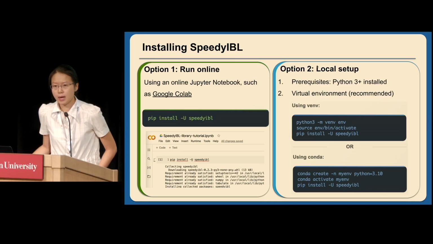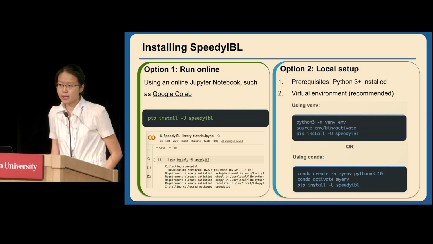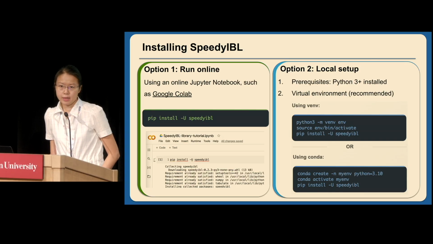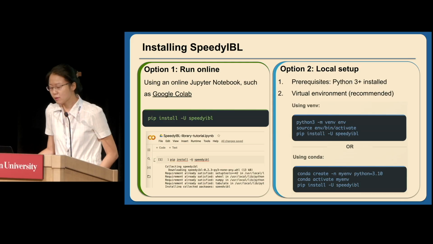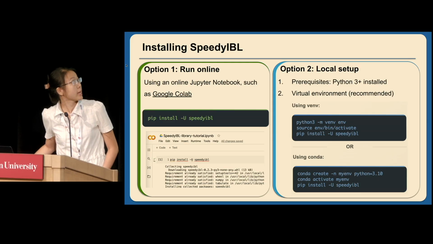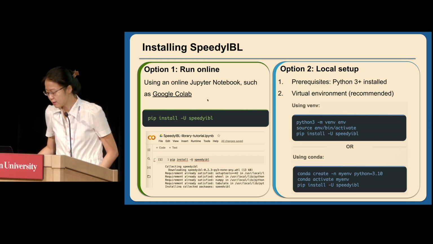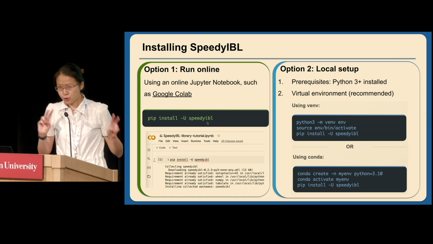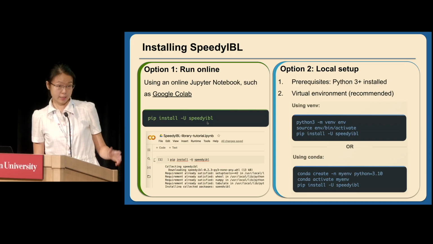So how can you install Speedy IBL? It's a Python library, so it's very similar to any Python library that you use. How many of you have experience with Python? Okay, great, most of you. So just pip install the name of the library, which is speedy IBL. We have two ways to follow this hands-on section.